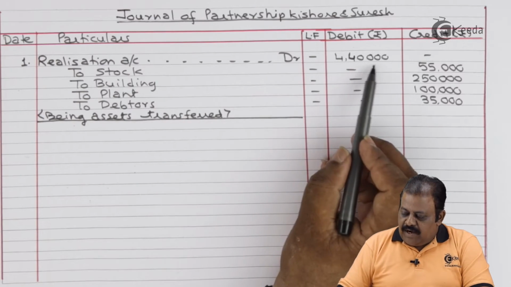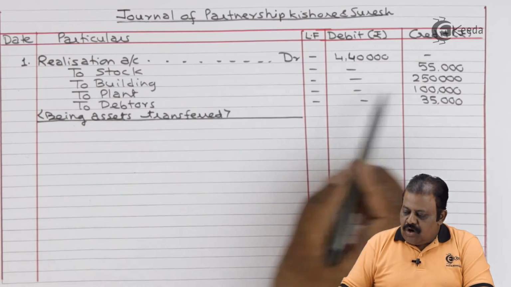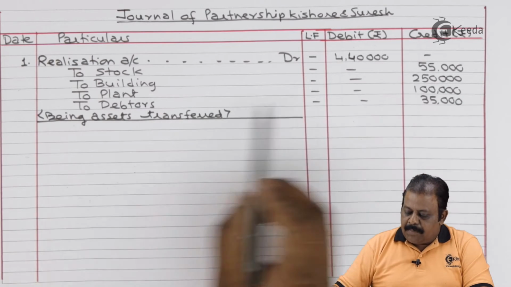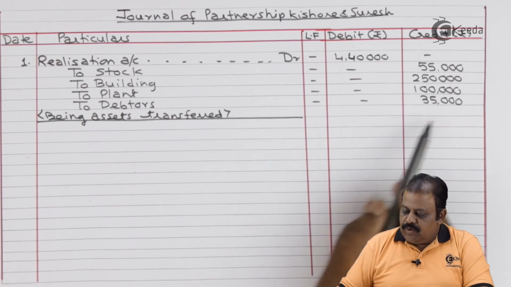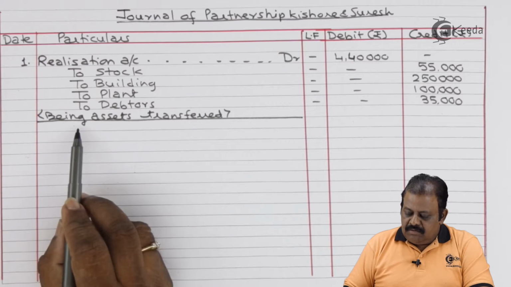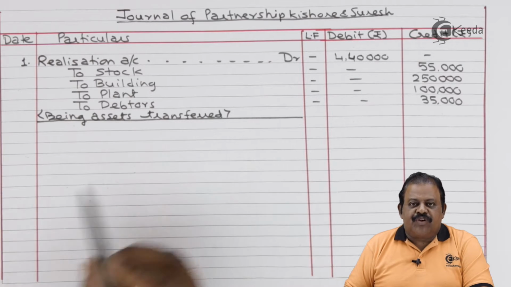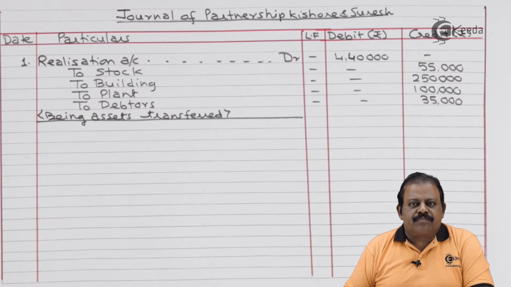Realization account debit 4,40,000, to stock 55,000, to building 2,50,000, to plant 1 lakh, to debtors 35,000. Being assets transferred, that is at book value.